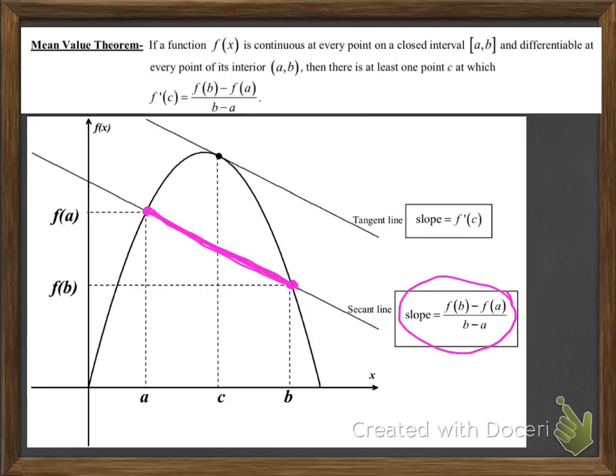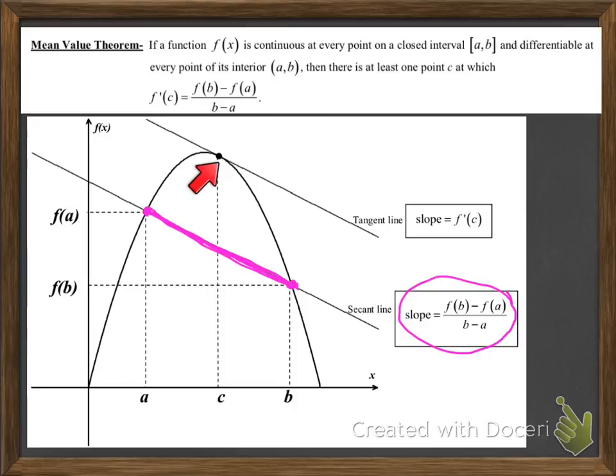So mean value theorem says that on this interval between A and B, whatever the slope of the secant line is between those 2 points, there has to be a point between A and B where the derivative, which means the slope of a tangent line, has to be equal to the slope of that secant line.